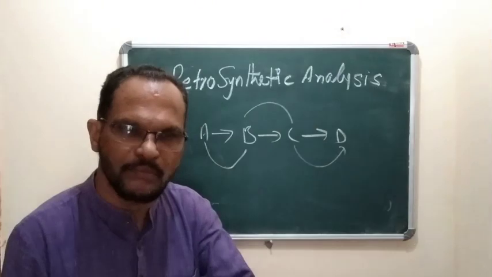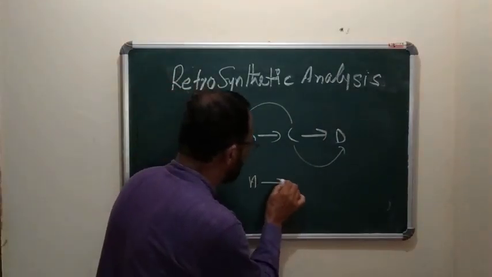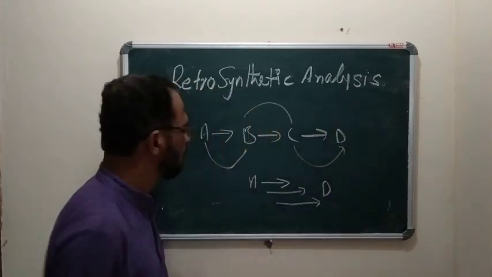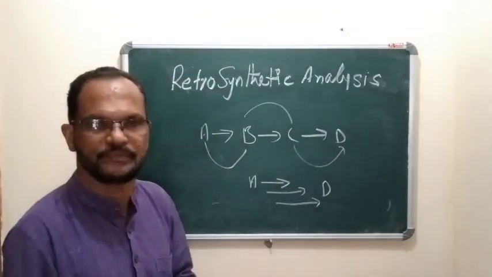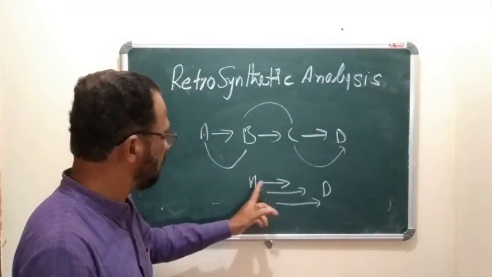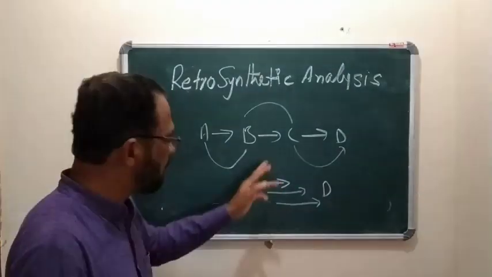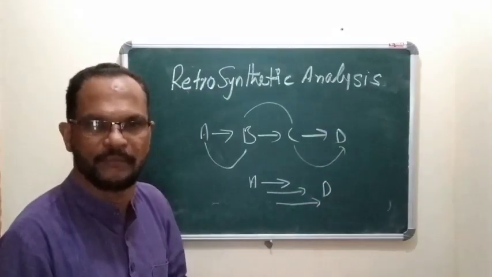The same idea can also be represented in this manner. This is also a scheme where the steps involved are mentioned, starting material is also given, final product is also given.